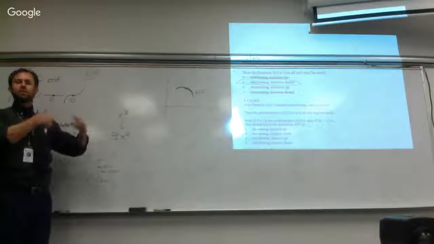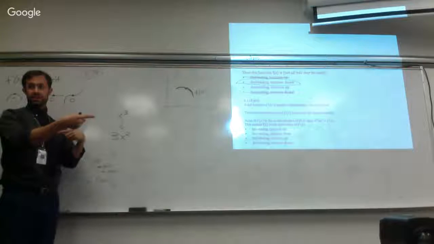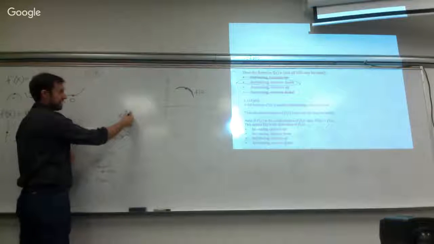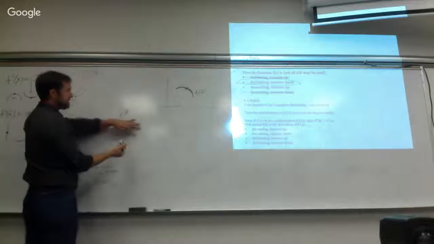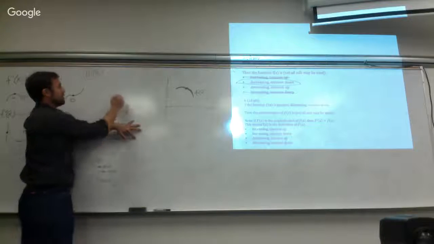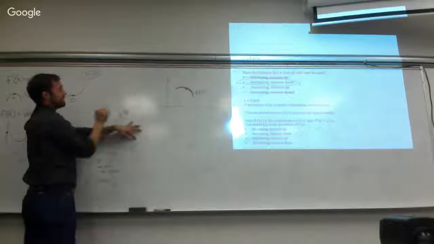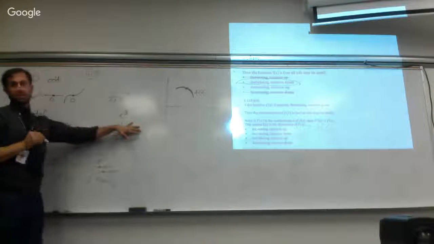Now run that in reverse. Add 1 to the exponent. Right? Isn't that what we would do? You'd add 1 to the exponent and then divide by the exponent. So let's say I wanted to do the antiderivative of x cubed. What would I do? Add 1 to the exponent and then divide by that exponent. And that would be the antiderivative.